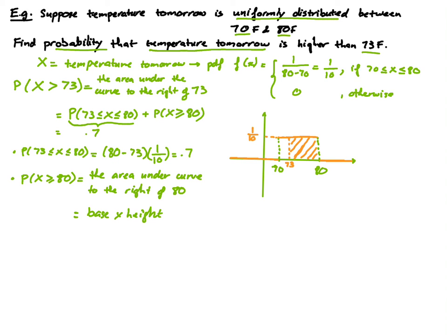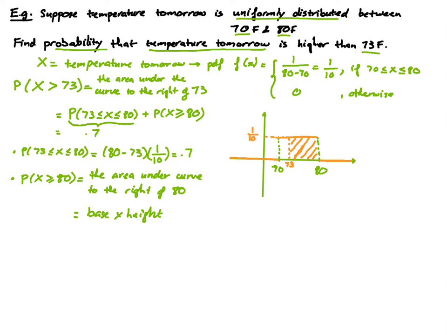Because for a uniformly distributed variable, probabilities can be expressed in terms of the area of a rectangle. I'm not going to worry about the base for now, but let's talk about the height.